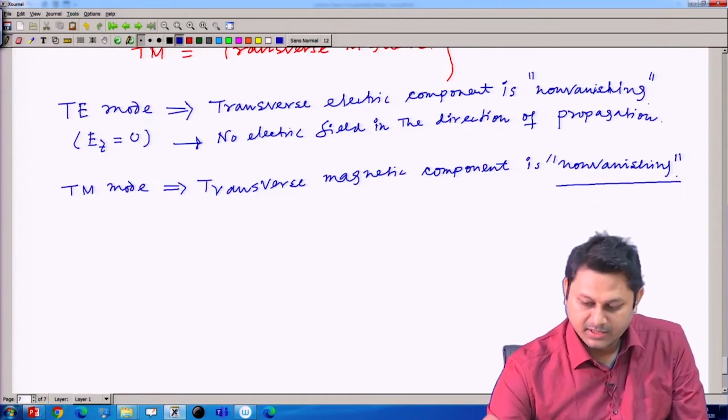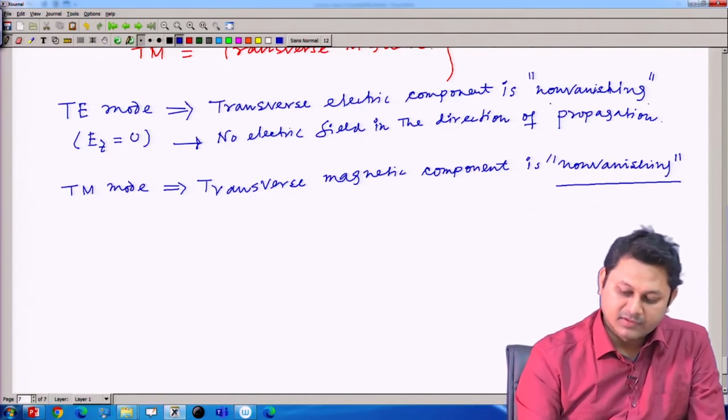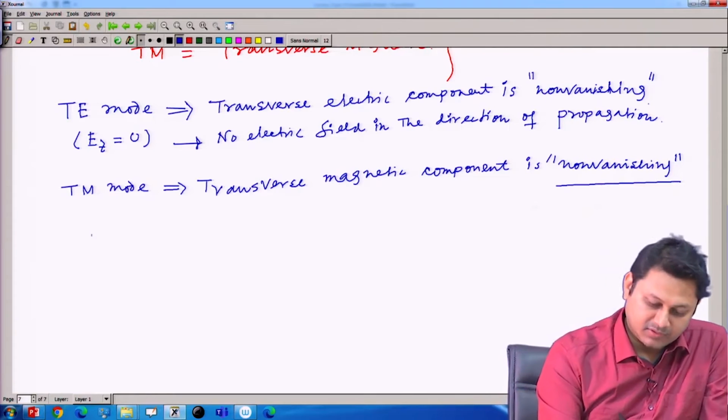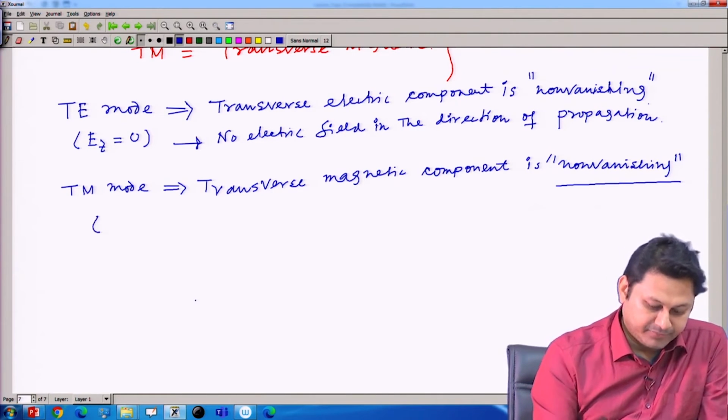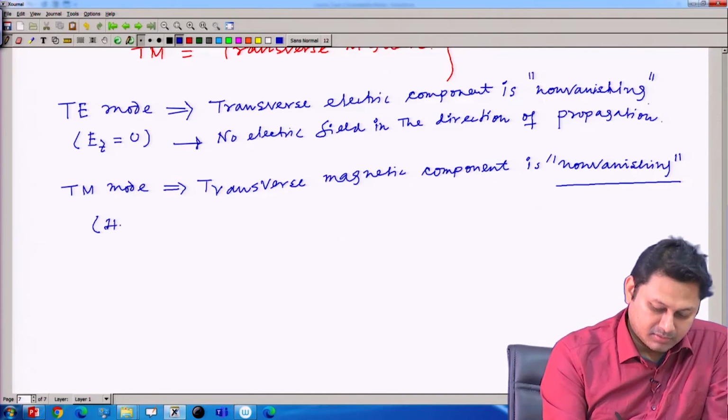So, it is non-vanishing and the transverse magnetic field is non-vanishing. So, that means here also we have the Hz component equal to 0.